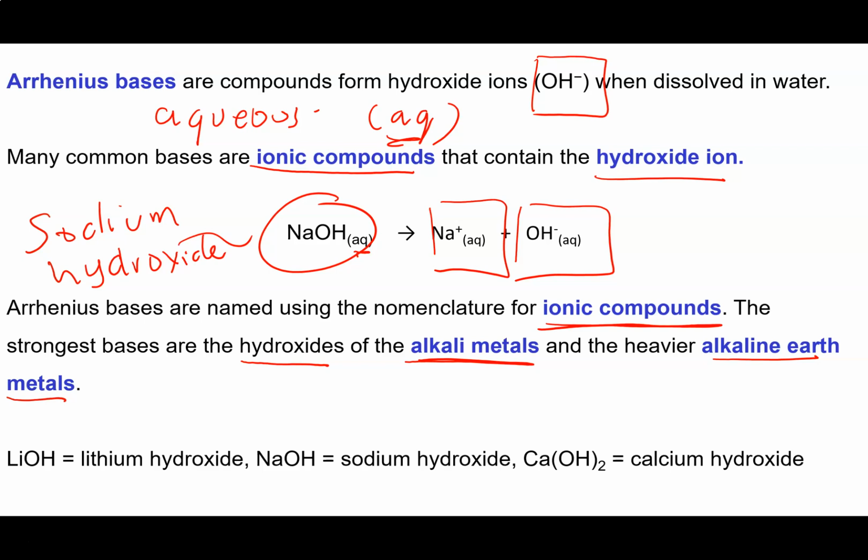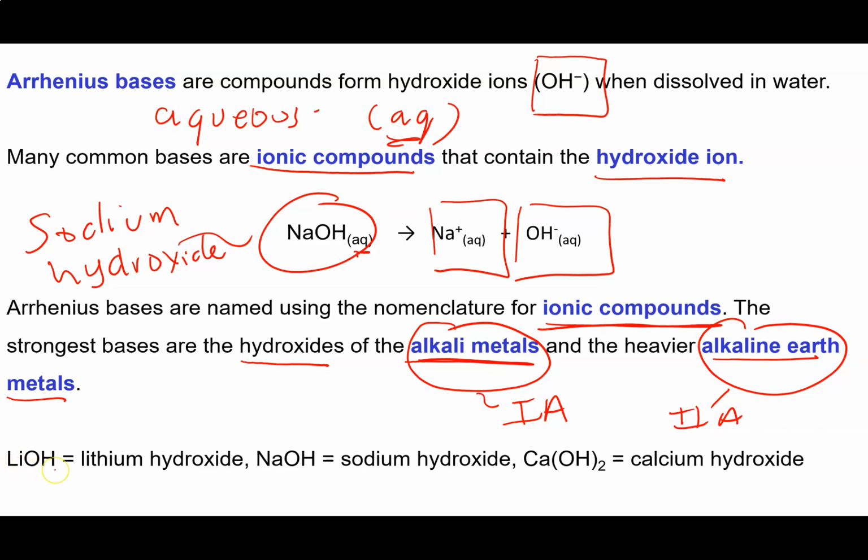Obviously they can't form hydroxide ion in water if they don't actually dissolve in water. The nice thing about this is that the common hydroxides, the common bases, all involve cations from either group 1A or group 2A, so we rarely need to use Roman numerals in the names of these.